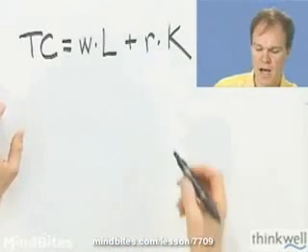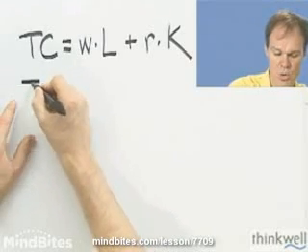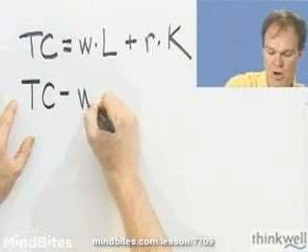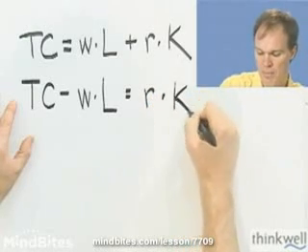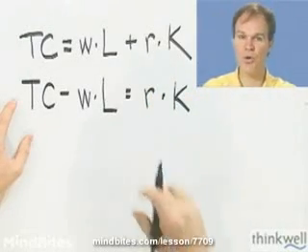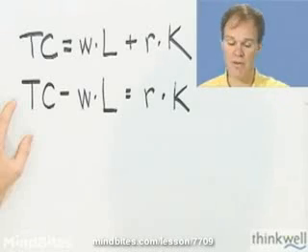So let's do that. I'm going to have now total cost minus labor cost is equal to the cost of capital. And now let's divide both sides through by the price you pay for a unit of capital.